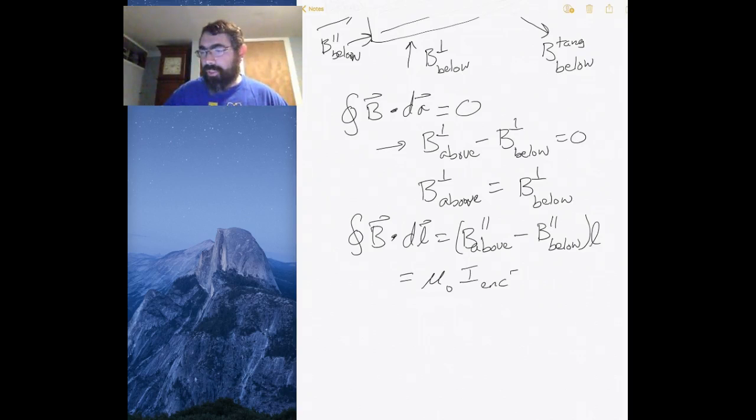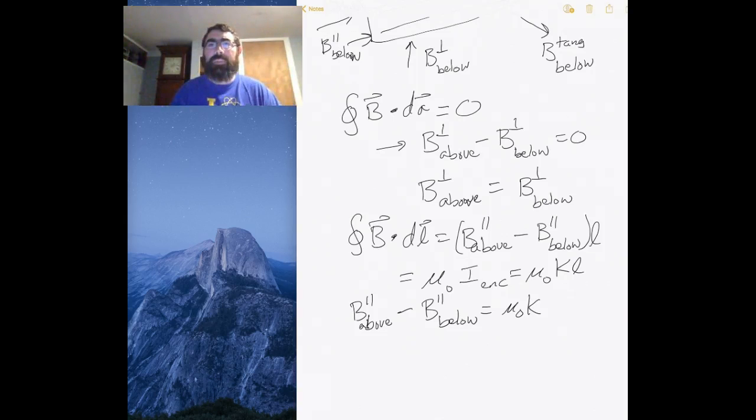And this enclosed current is the current density times the length. Therefore, the parallel magnetic field component above minus the parallel magnetic component below is equal to mu 0 times the current density.